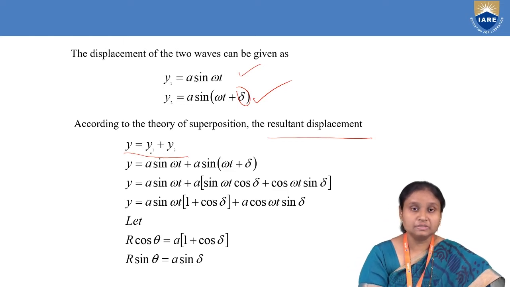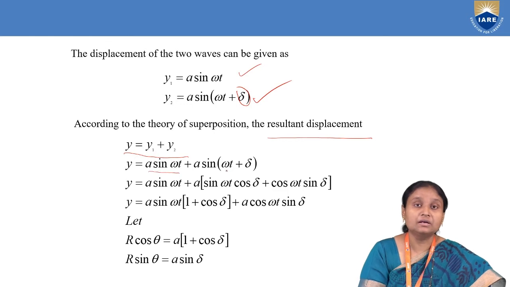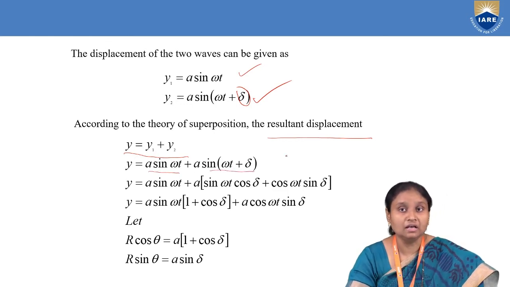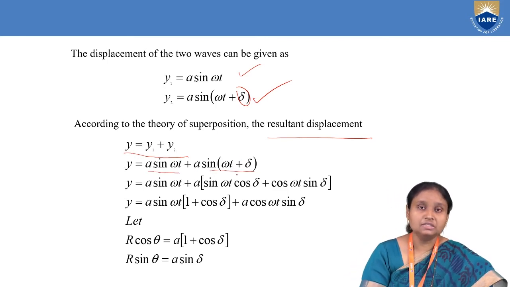The displacement due to the first wave, that is the wave coming from the source S1, is given as A sin omega t, whereas the displacement coming from the second source is A sin(omega t plus delta). Now if we try to simplify, we expand sin(omega t plus delta).